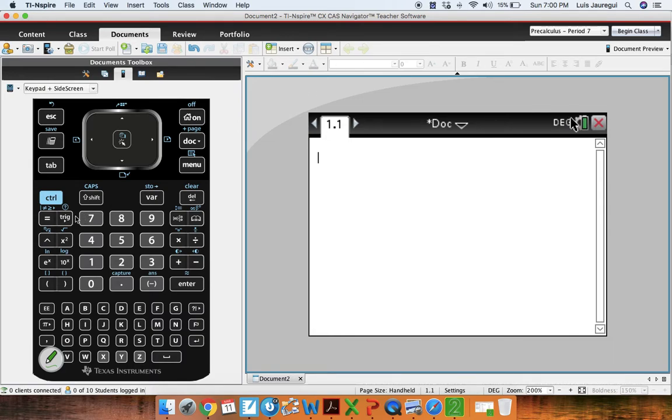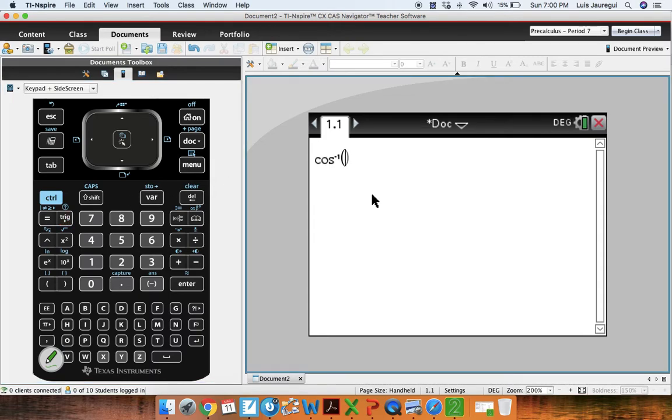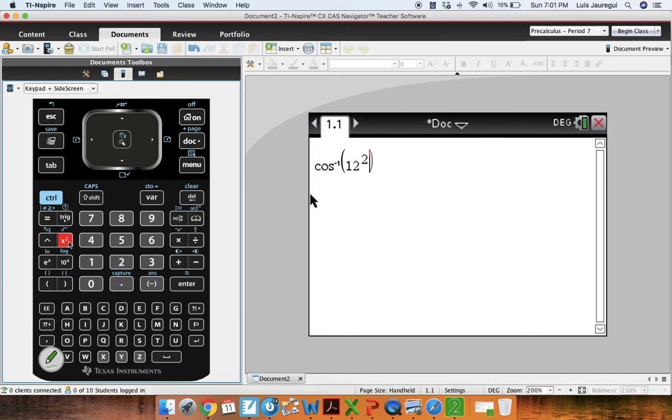Then I'm going to go to trigonometry and take cosine inverse of the following: 12 squared plus 19 squared minus 27 squared.